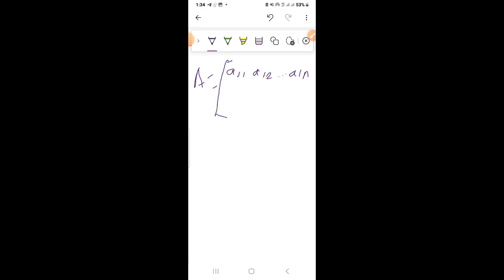The second row starts with A21, A22 up to A2n, and so on up to AM1, AM2, up to AMN.